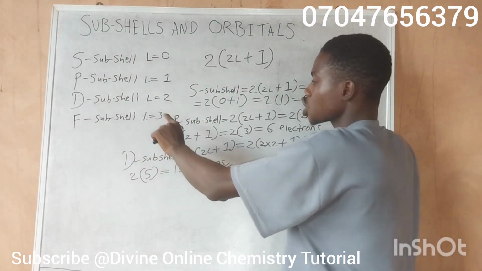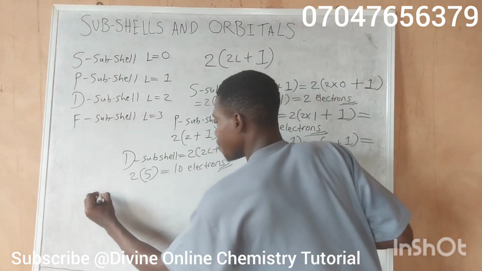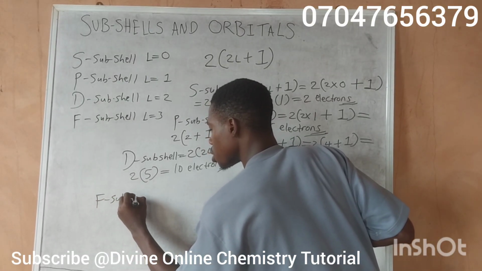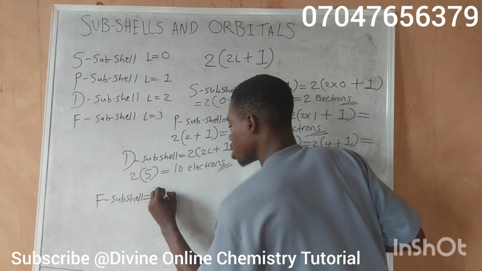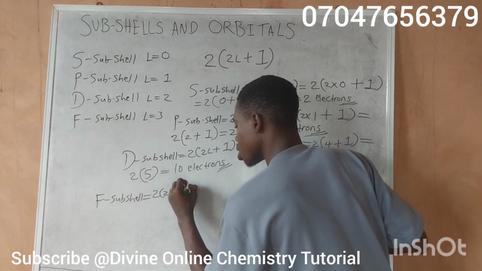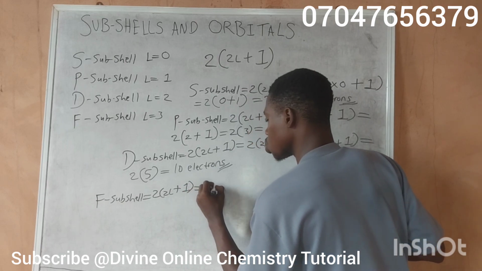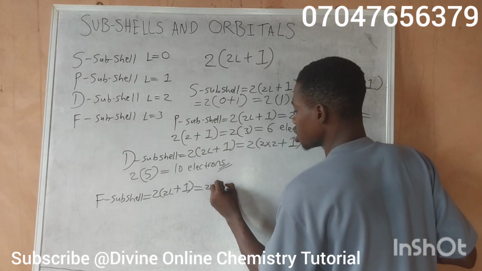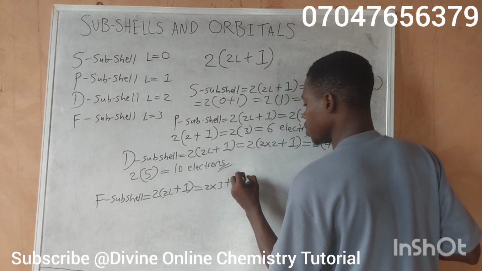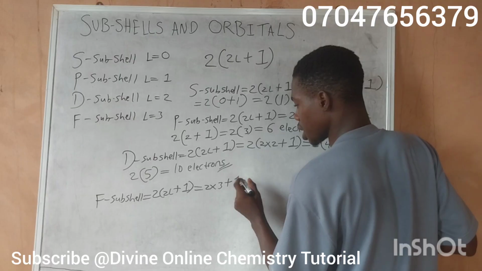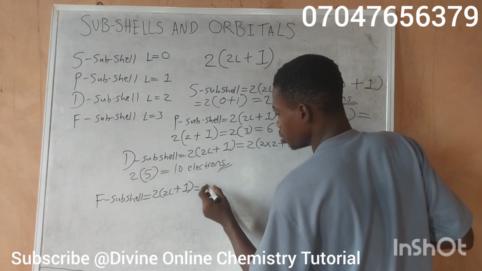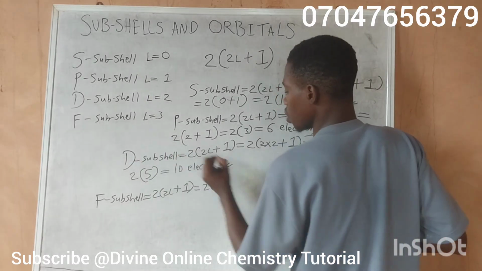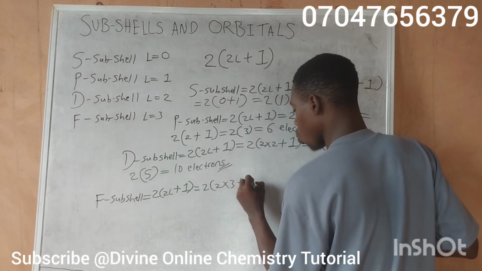Now let's calculate for the last subshell, which happens to be the F subshell. Use the formula 2 into bracket 2L plus 1. Okay, I made a mistake. So it will be 2 into bracket 2 times L, and L for the F subshell is 3, plus 1.